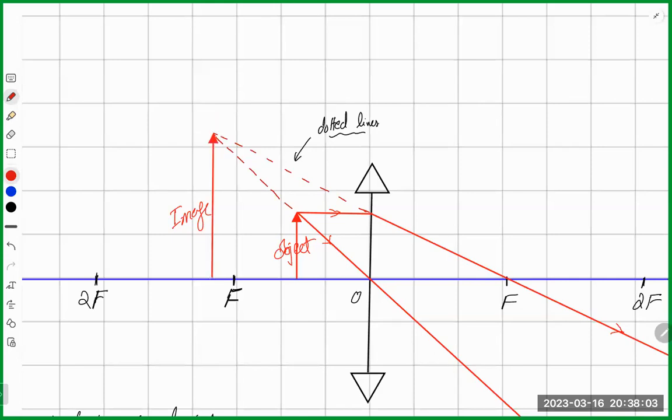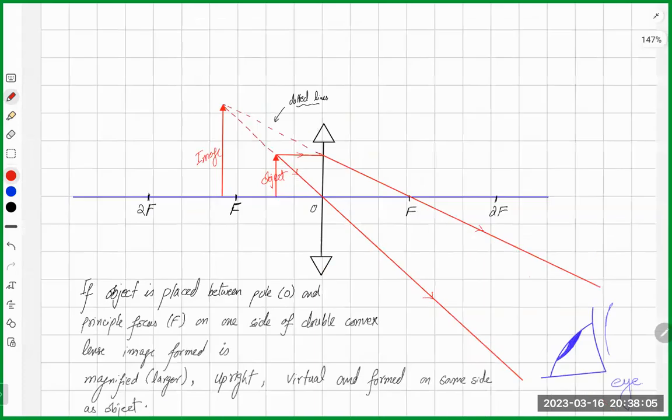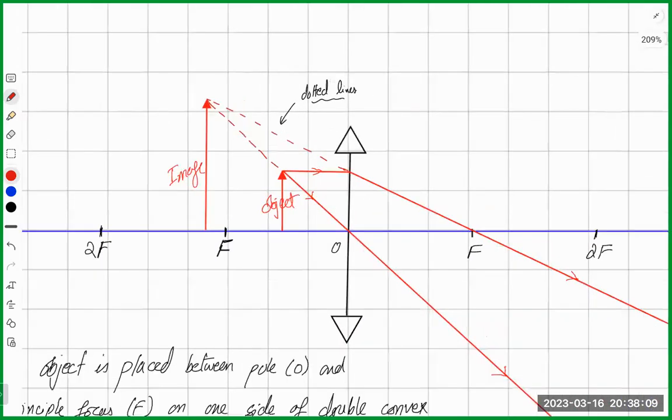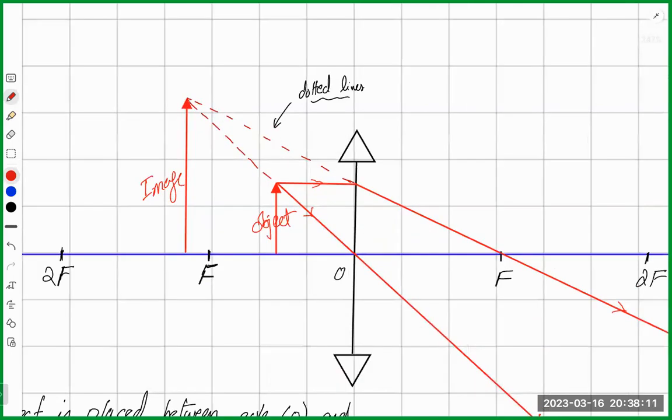Okay, so this is what we see. We see the image where the object is; that image is seen on the same side as the object. What can you say about this image? Is it inverted? No, it is upright.